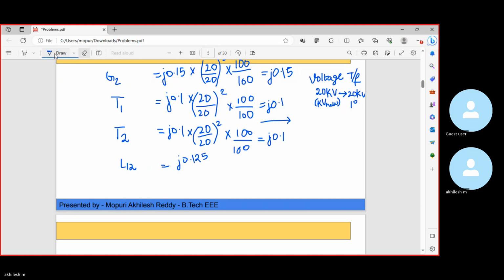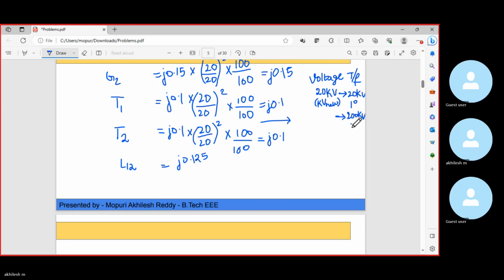Now, what value of the kV new will be when it comes to the secondary? Secondary kV of the transformer is 200 kV. This is the secondary. What is the corresponding kV value?